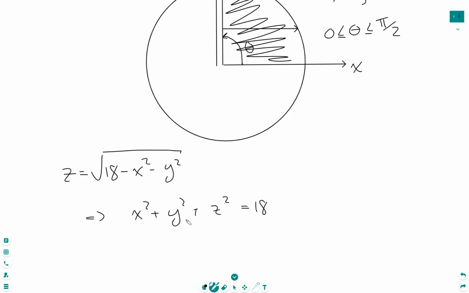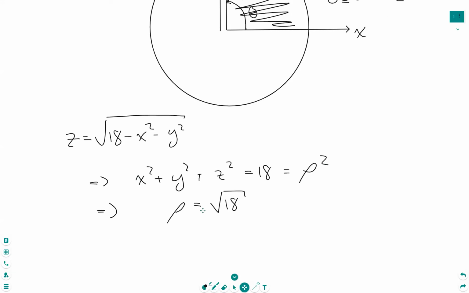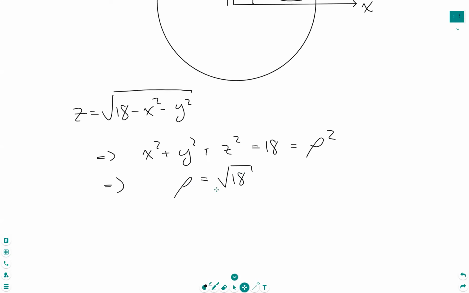But remember that x squared plus y squared plus z squared is rho squared. This means that rho is the square root of 18. And remember, we typically say that rho is non-negative, so we can throw out the negative version of rho here. So we're just looking at the square root of 18. Okay, so that's a little piece of information.